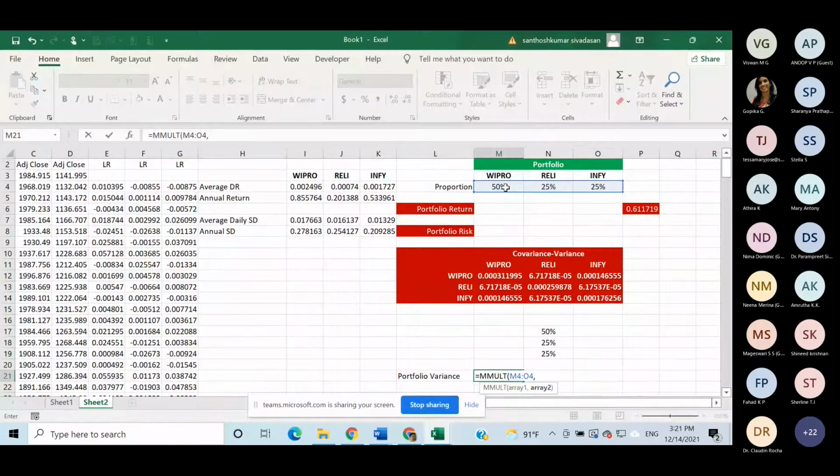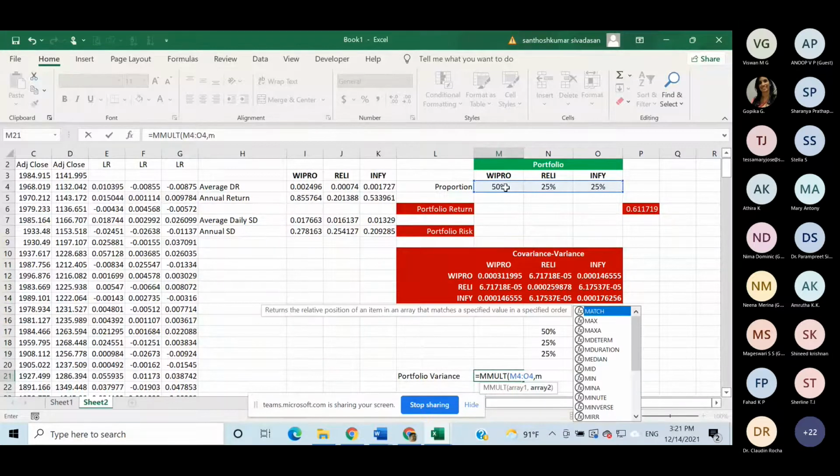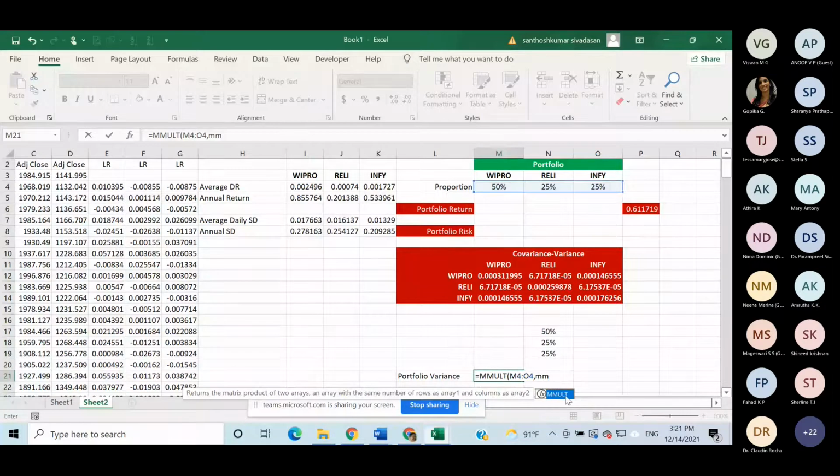Then this matrix is to be multiplied with the product of the variance covariance matrix and the proportion matrix. So again a matrix multiplication is there, MMULT.